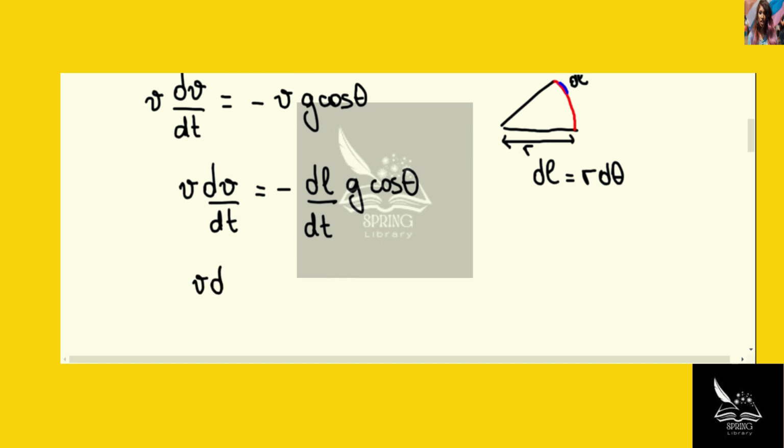So we have v times dv, canceling out the dt's here, is equal to minus g cosine of theta r d theta.